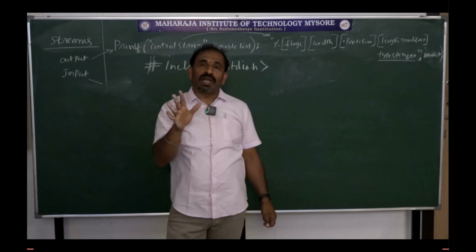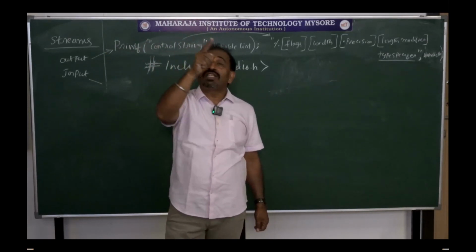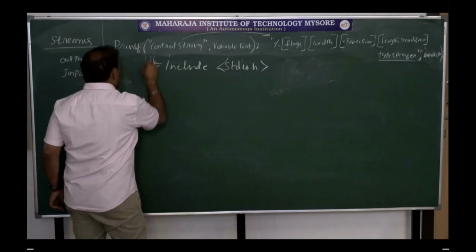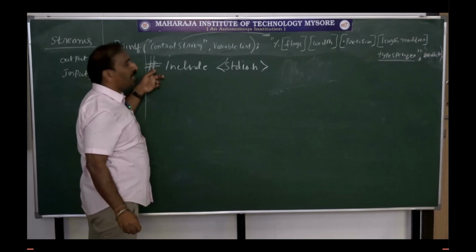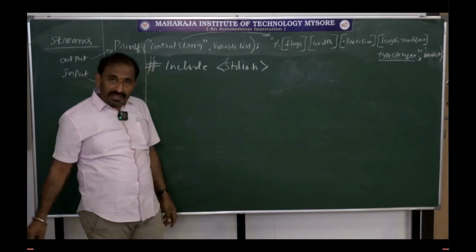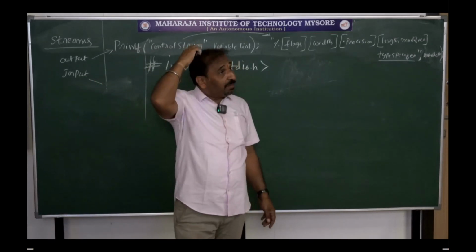Basically, in any C program, wherever you write a hash as the first character in the first column, it is called a preprocessor. What does it indicate?